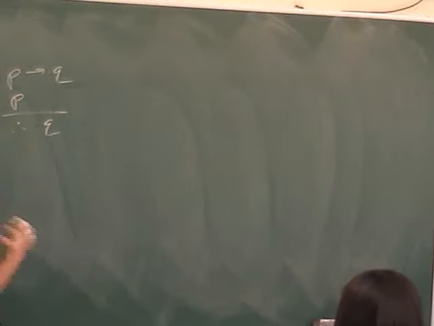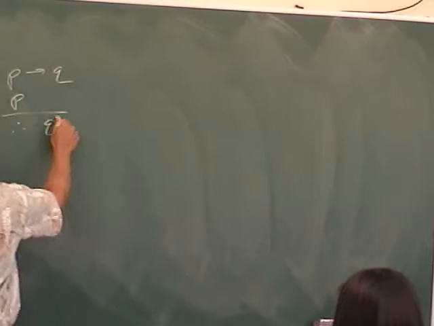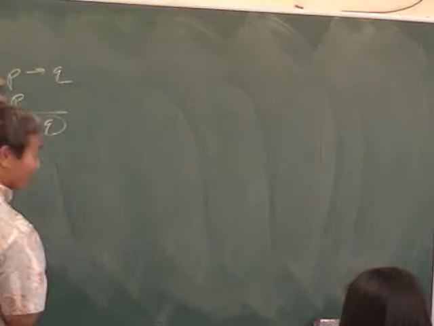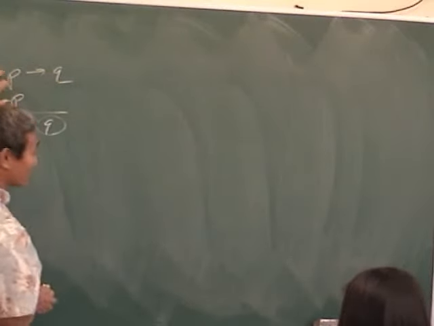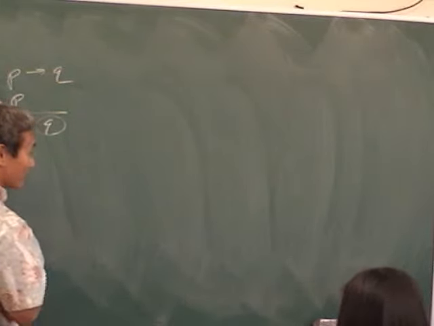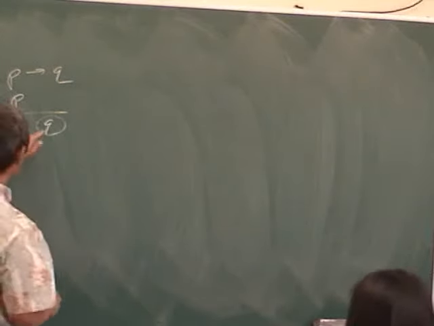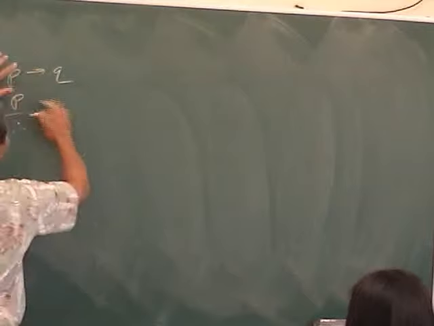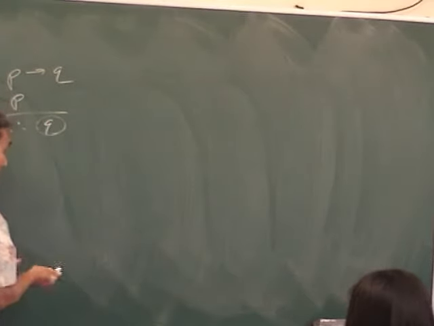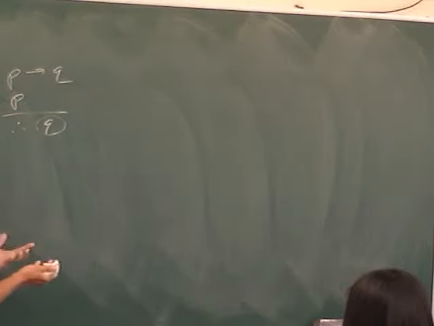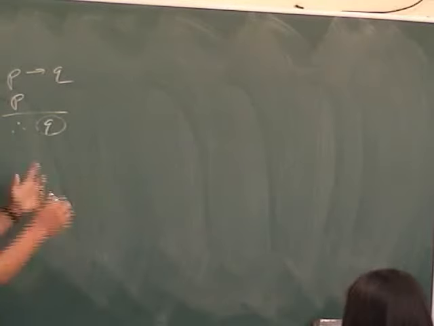The strategy: first, we suppose the conclusion is false, even though premises are assumed true. We take that back into the premises until we get a contradiction. If we get a contradiction, our supposition that this was false was wrong. It was actually true, so therefore it's a valid argument.